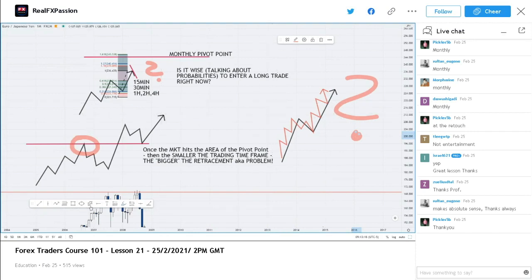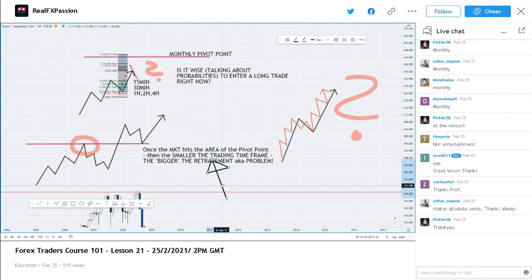Remember, everybody, what I'm telling you, you can accept this, you can reject this, no problem. But once the market hits the area of the monthly pivot point, even though I have an up structure on a 15-minute chart, 30-minute chart, sometimes even 1-hour chart, we are going to have a problem. Why is that?